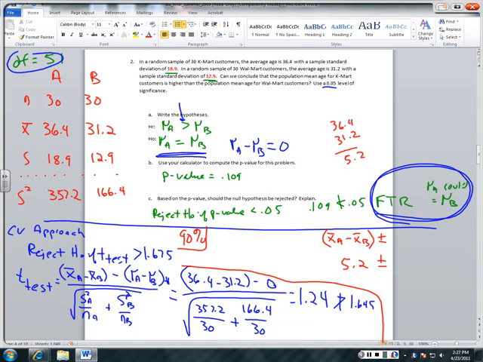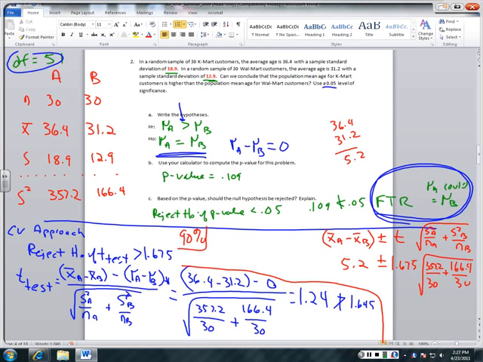And so we're going to have a t-value, which for 90% is going to be 1.675 times the standard error. And the standard error is the square root of S squared A over NA plus S squared B over NB. And so that's 357.2 over 30 plus 166.4 over 30.